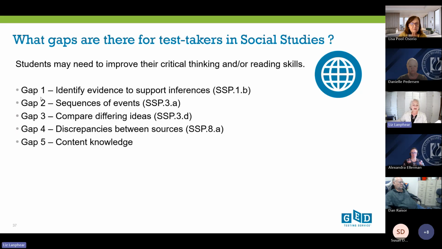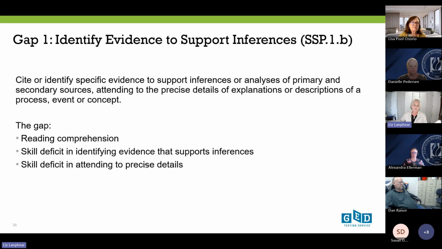So gap 1, 2, 3, 4, and 5. We're just going to go through those real quick. So gap 1, identifying evidence to support inferences. So these words, cite or identify specific evidence to support inferences and analysis of primary and secondary sources, attending to the precise details of explanations or descriptions of a process, event, or concept.